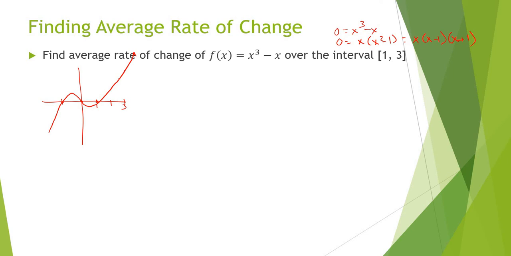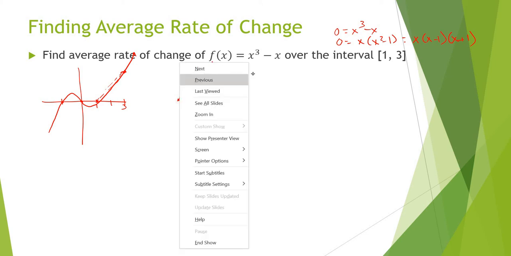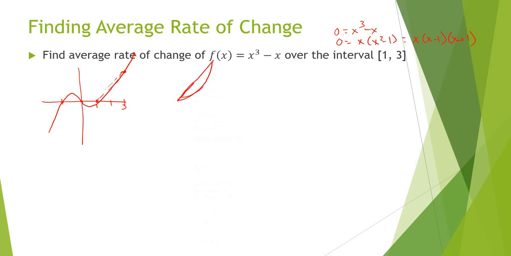So from 1 to 3, if I find the average rate of change, that's going to be the slope of the line, and it's almost on the curve. I'm going to exaggerate that portion of the curve from 1 to 3 a little bit and make it a little more curvy than it really is, just so that we can see that the line is going to be inside of that slight curve that we have going up.